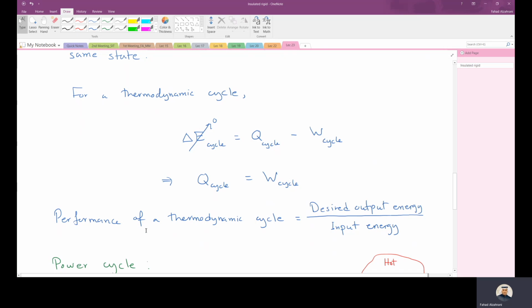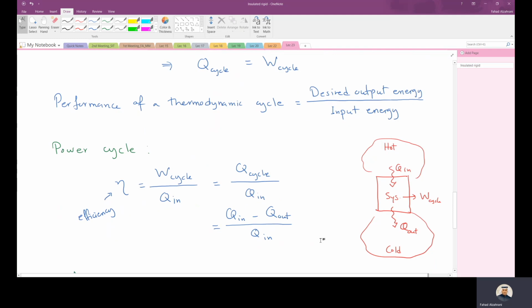Usually in thermodynamics, we try to evaluate the performance of thermodynamic cycles, and in order to do that, we basically use this ratio: the desired output energy over the input energy.